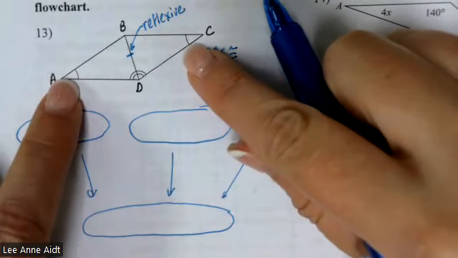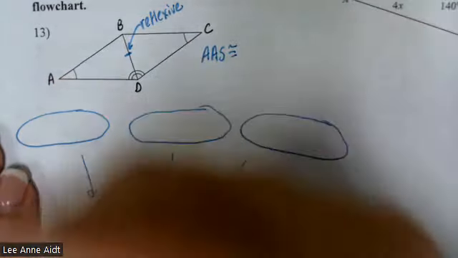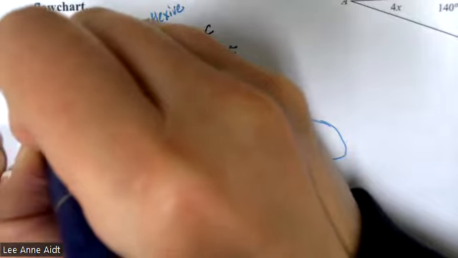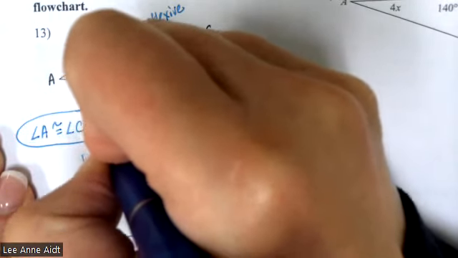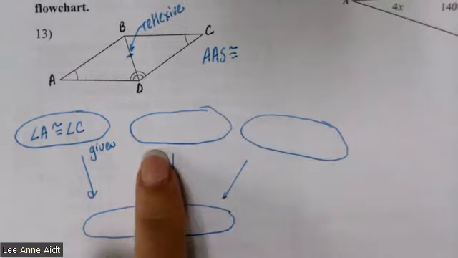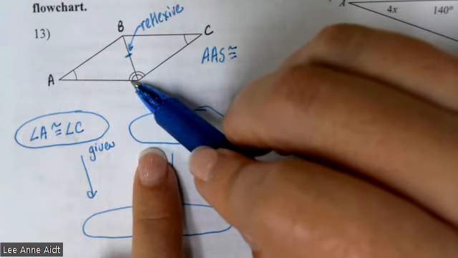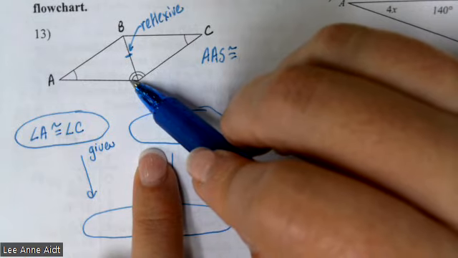Okay, so I'm gonna start here where there's one arc in each angle. So I'm gonna put angle A is congruent to angle C, that's given. Okay, now this middle one should be angle D is congruent to angle D, but we can't say that. So we have to do the three letters.